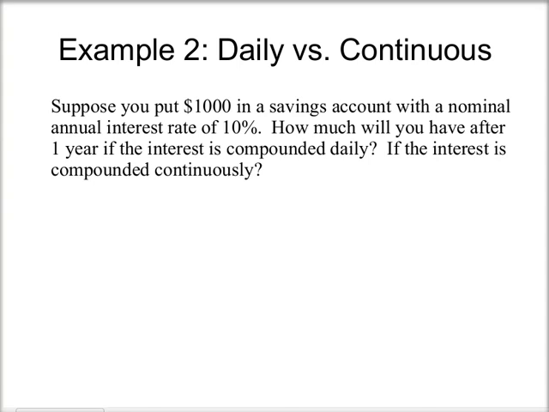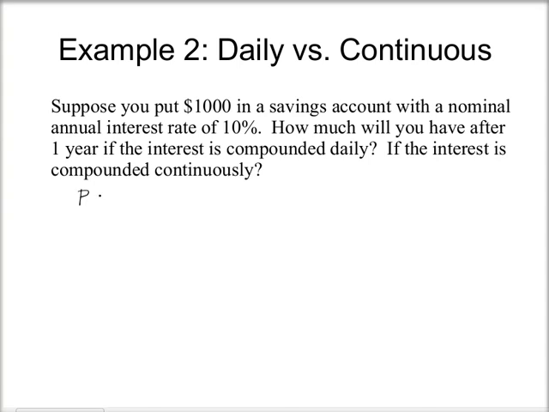Suppose we put $1,000 in a savings account with a nominal annual interest rate of 10%. How much will we have after 1 year if the interest is compounded daily and if the interest is compounded continuously? First, let's write down what we know here.